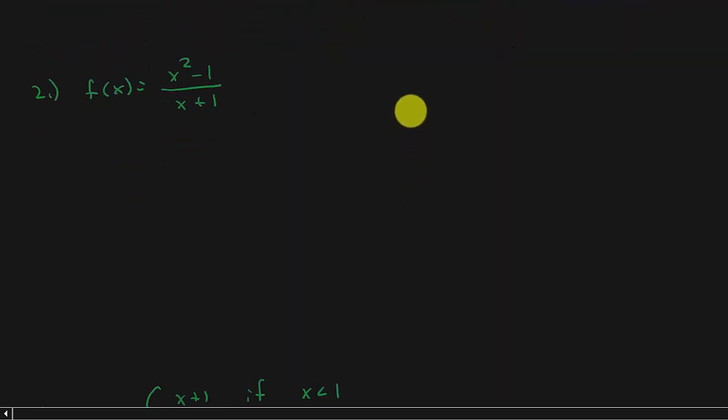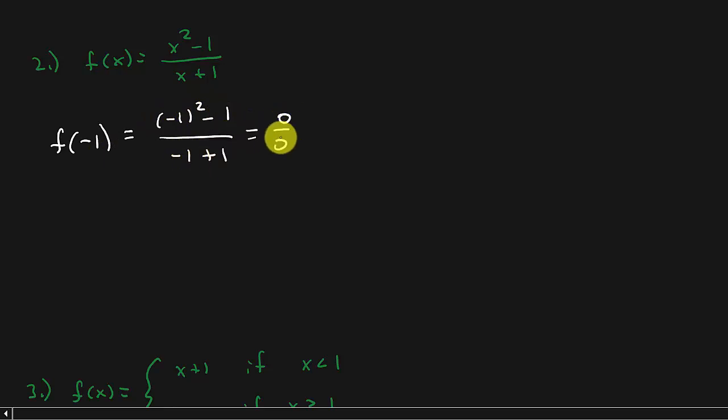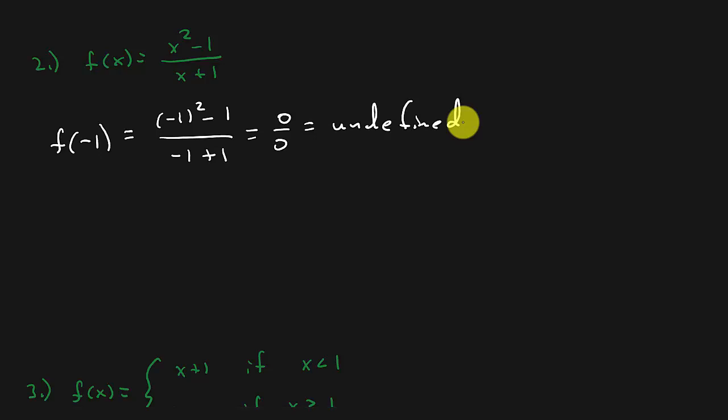Okay? Well, what about this one? Let's evaluate it at -1. That's -1 squared minus 1 over -1 plus 1. That's 0 over 0. That's undefined, right? So we know right off the bat, this thing is not continuous at -1.